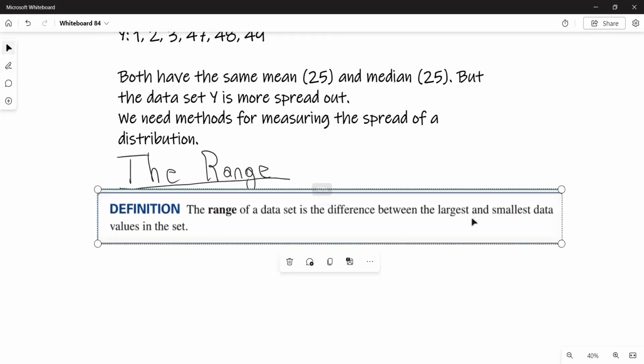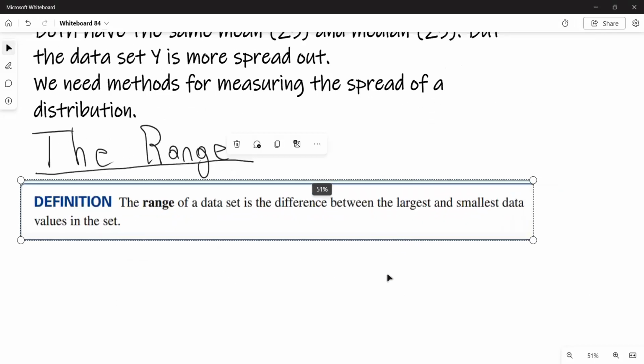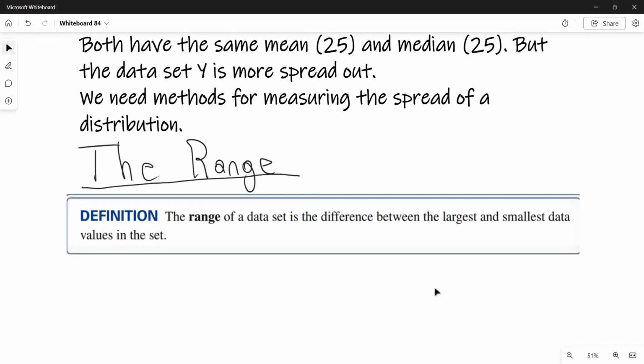The range of a data set is very easy to compute. It's just the difference between the largest and the smallest data values in the set. As long as you identify the largest and the smallest value, it won't take you too long to compute the range.